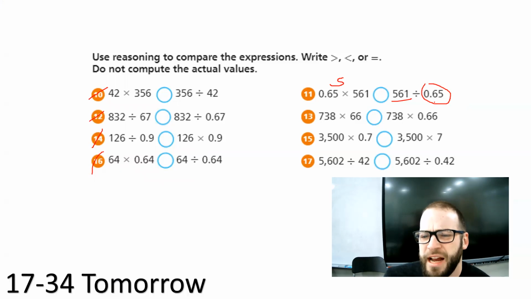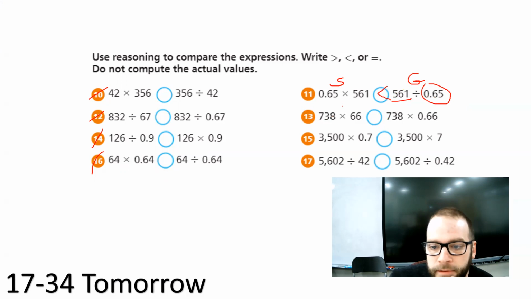So it just takes a tiny amount to be a group. This answer is going to get bigger for sure, because each one is worth more than one group, because this is a decimal. So this answer over here is going to for sure get bigger, right?